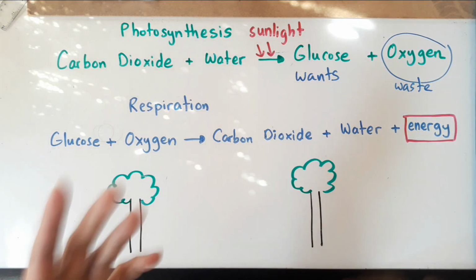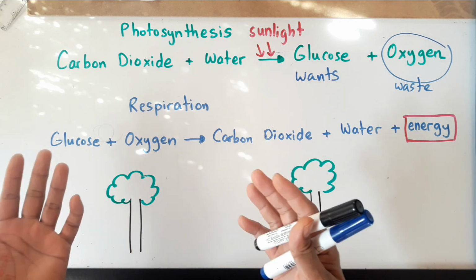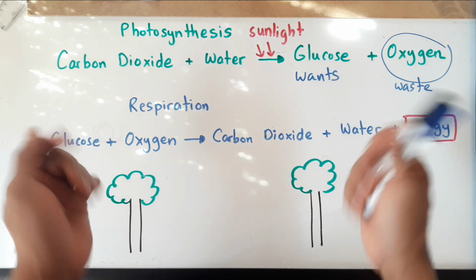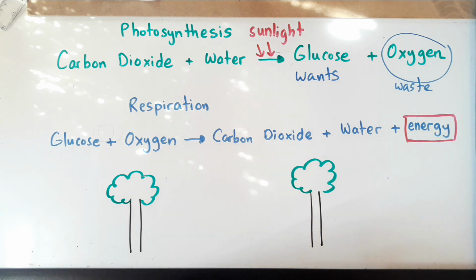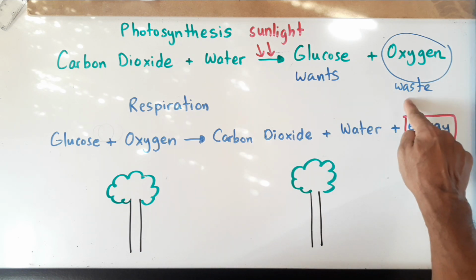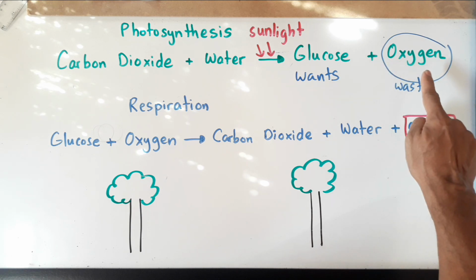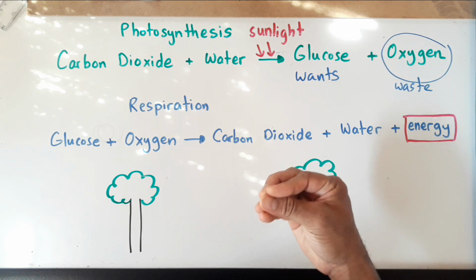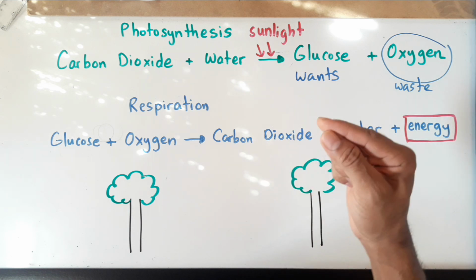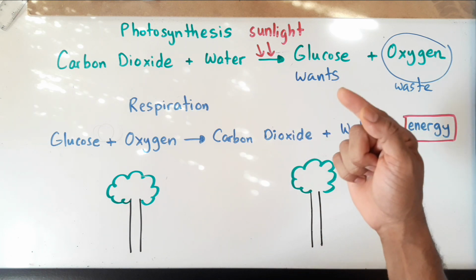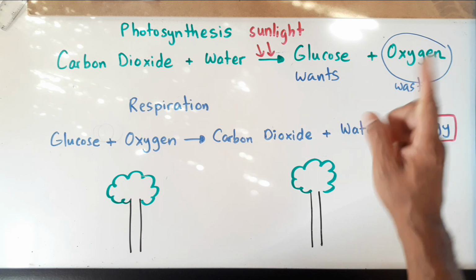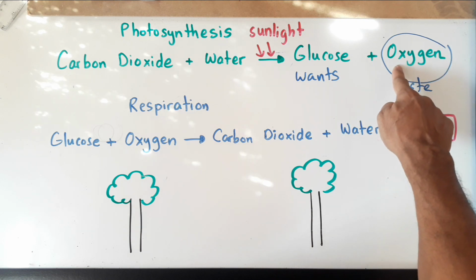Okay, so what questions could the examiner ask you on photosynthesis based on what I just told you here? Well, one popular question in the exam, they like to ask, what is one of the waste products of photosynthesis? And the answer would actually be oxygen, because the plant doesn't actually need oxygen. Another way they could bring that question is to say, what gas is produced in photosynthesis? Remember, this is a gas produced.